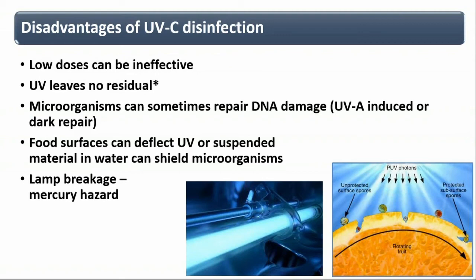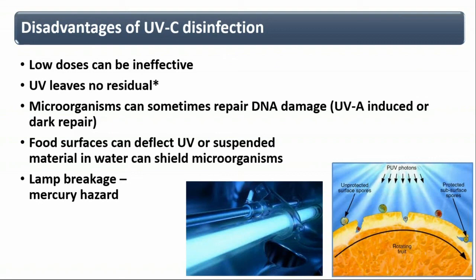Obviously, it's a disadvantage in water treatment when we don't have any residual afterwards once the water goes into the distribution system. As we've mentioned, microorganisms can sometimes repair some of this DNA damage, and that needs to be taken into account in the way that we treat them, whether there's follow-up treatments or making sure that we apply a sufficient enough dose to limit that amount of repair.